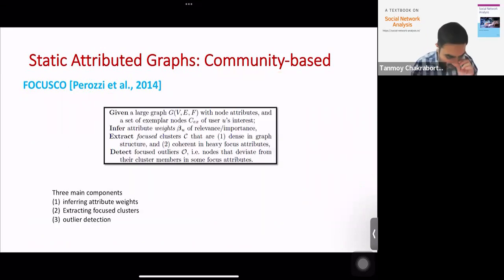So what is the problem? Let's look at the input and output. Given a large graph G with V, E, F, the number of nodes, number of edges, and features, and the set of exemplar nodes. This is very important. These exemplar nodes, C_EX, are of user interest. Now, say I am the content moderator or the administrator.